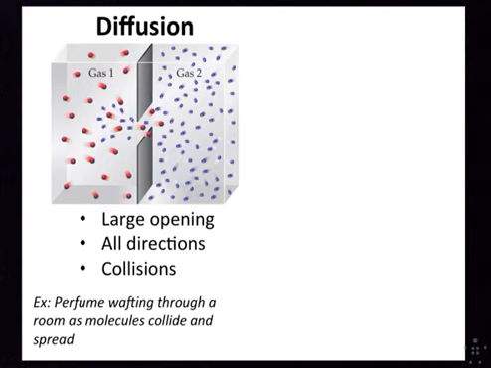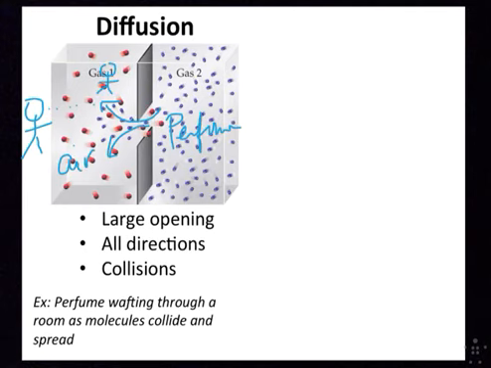An example of diffusion would be perfume wafting through a room as the molecules collide with each other and spread. Say you opened a bottle of perfume over here, here's the air around it, and the molecules of perfume are moving out into the room, and if you're over here, it takes a little bit of time before you smell it. Someone closer to the bottle is going to smell it first.